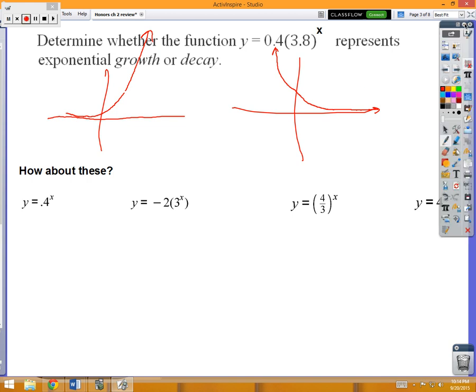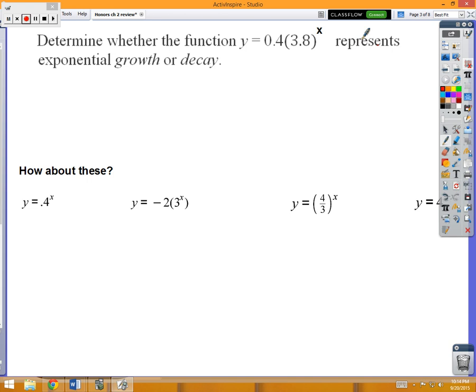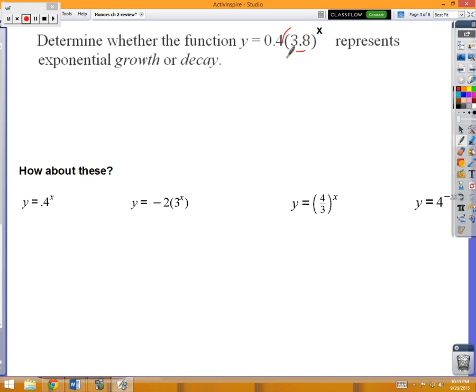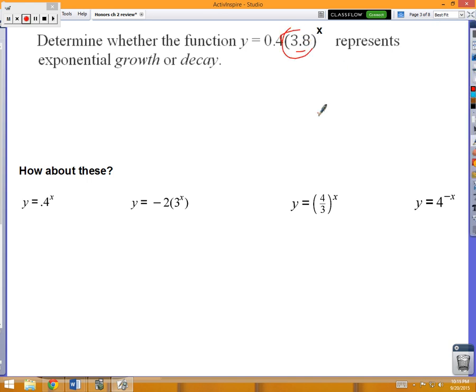This first one, this is my rate of growth. I am multiplying 3.8 to the x. That's going to be like 3.8 times 3.8 times 3.8. Every time you're tripling it, you're almost quadrupling it, because you're almost timesing it by 4. So this one's going to be growth.